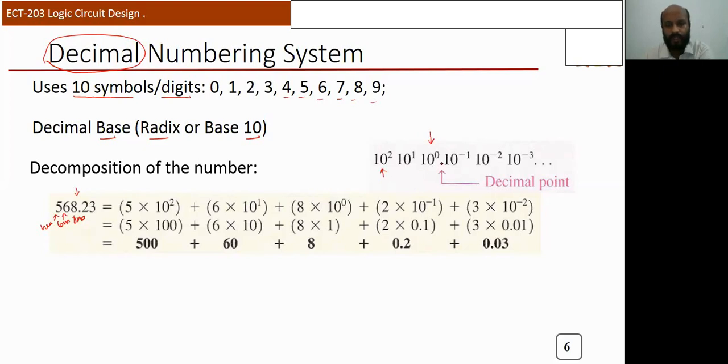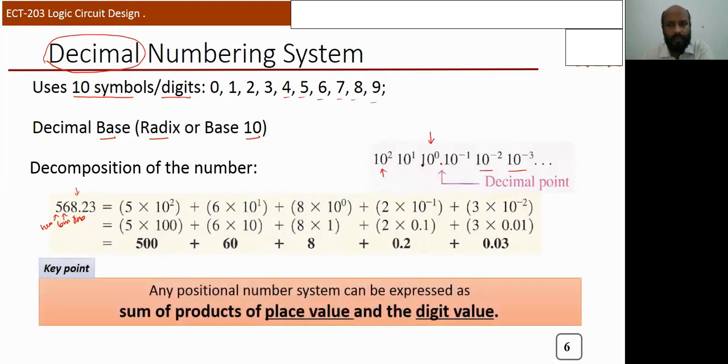This is 10 squared. And after the decimal point, it becomes negative: 10 raised to minus 1, 10 raised to minus 2, 10 raised to minus 3, etc. Okay, so each position has some weight. And I can conclude one point. This is a key point you can note down. Any positional number system can be expressed as the sum of the product of place value and digit value.